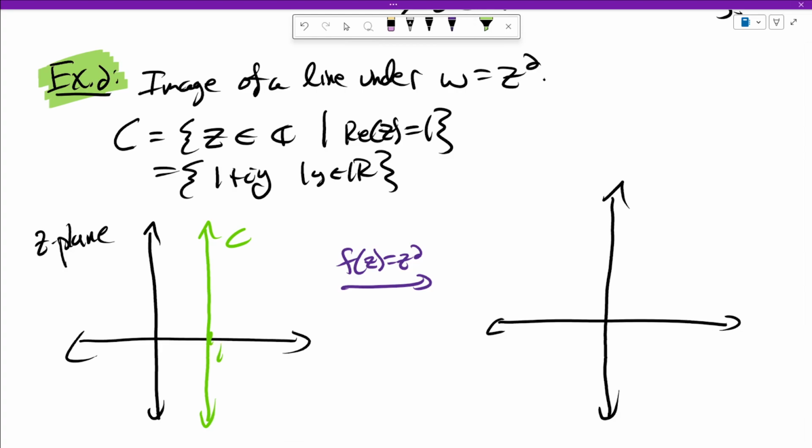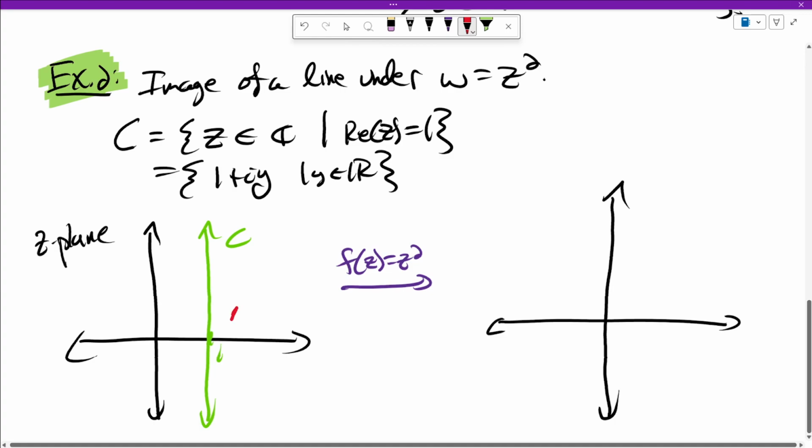So let's write that down. Now what happens when we square C? Well, we have to double the argument. So the argument of z squared is going to go from negative pi to pi.